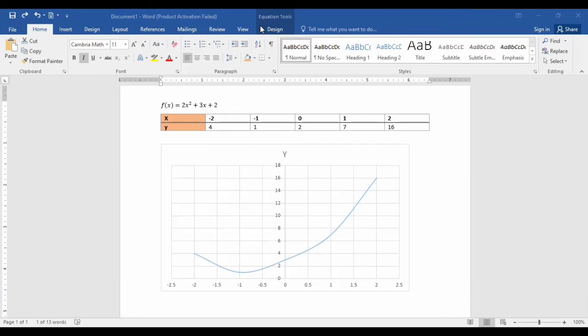F(x) equals 2x to the power of 2 plus 3x plus 2, for x is minus 2, minus 1, 0, 1, and 2, and for y is 4, 1, 2, 7, and 16. And the graph is like this. Okay, Dia, thank you.